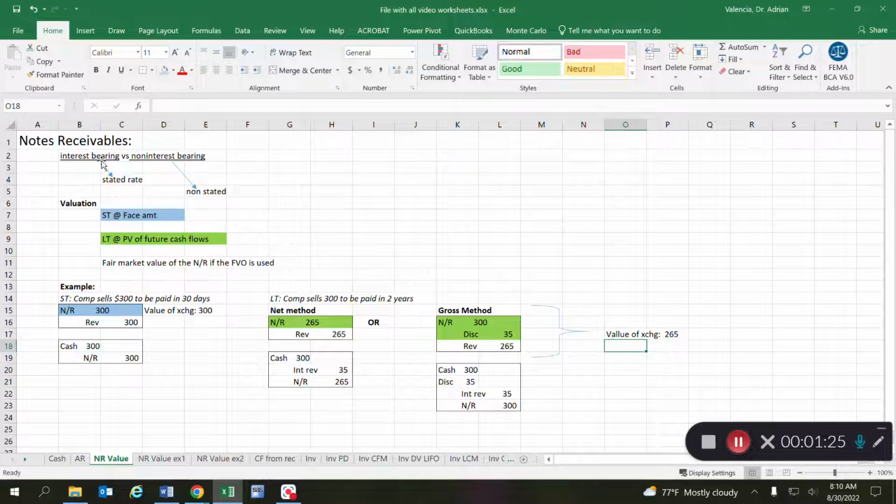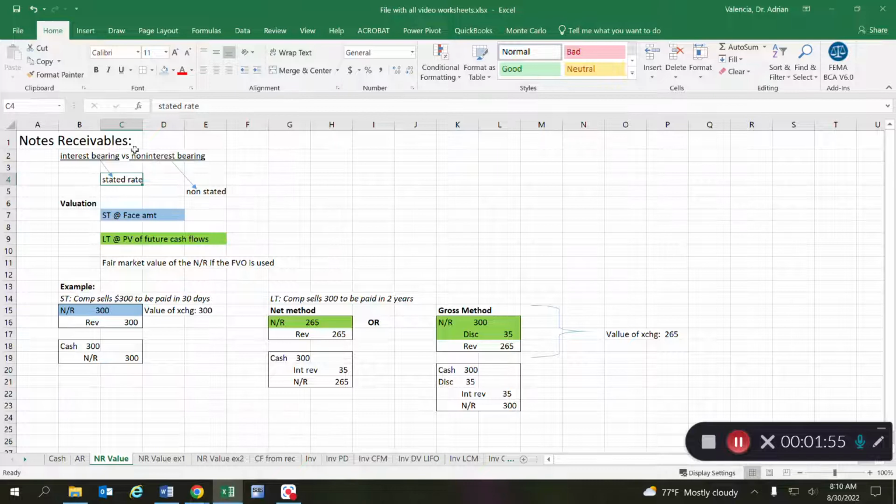Under that interest-bearing note, you'll have a stated amount of interest that needs to be paid, and that would be the stated rate. And then you also have some notes that are specified as non-interest bearing, and this can be misleading because a lot of times a non-interest bearing note is more of a marketing approach to try to entice customers to buy things, perhaps, or a service.